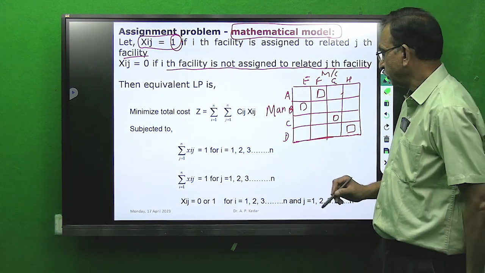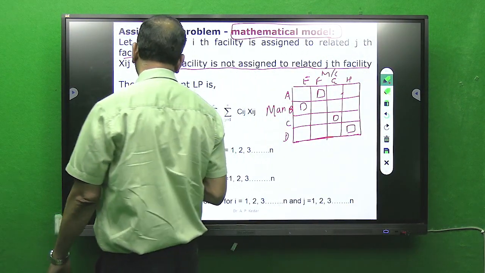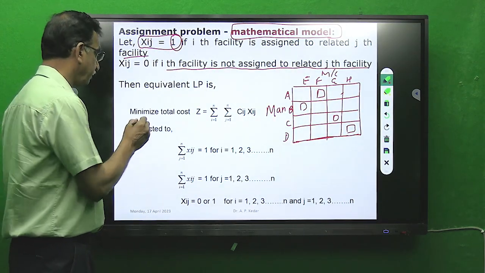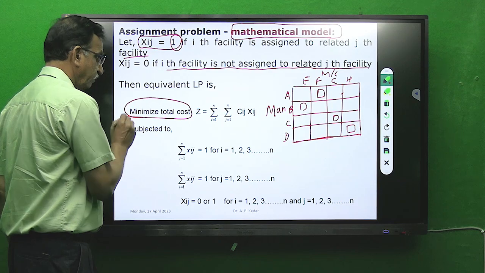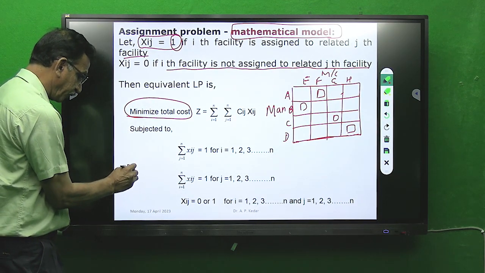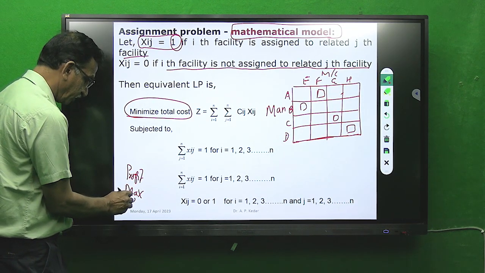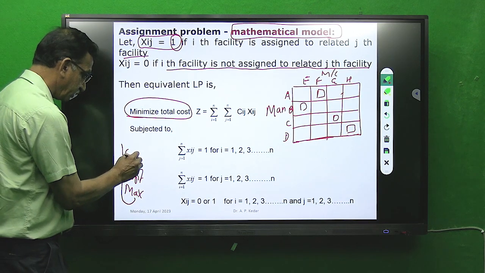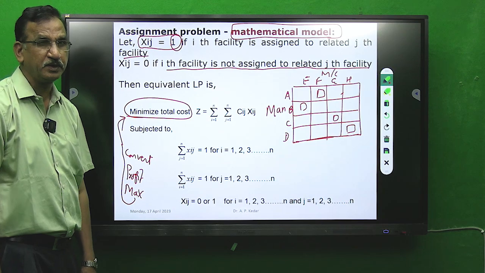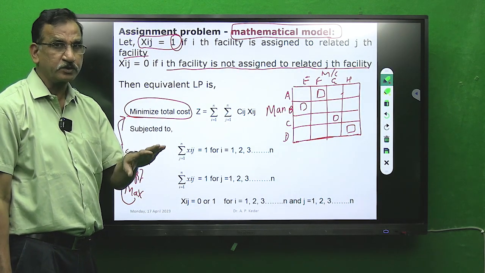Now the objective function. Originally we will solve all assignment problems with the objective function of minimization. So if the objective function is profit, which is in terms of maximization, we will convert that into the equivalent minimization form, as we did in the transposition from minimization to maximization.